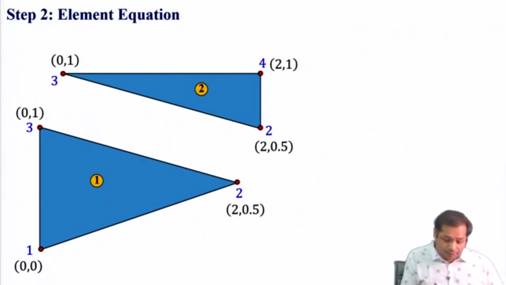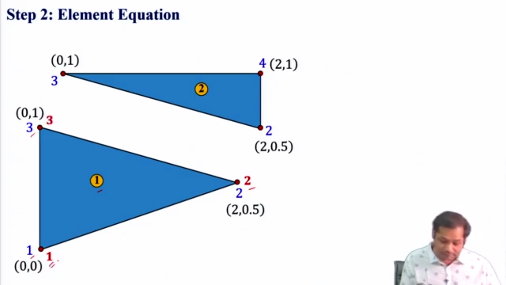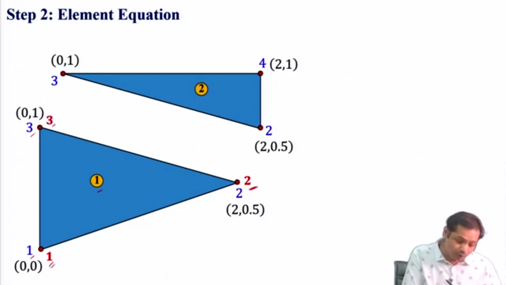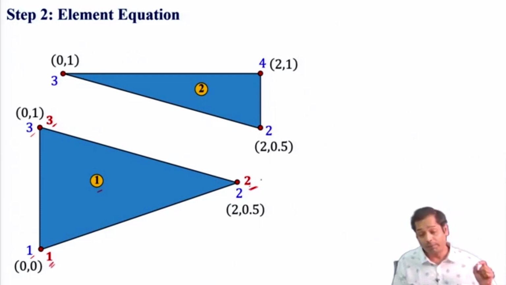If we take element number 1, the global node numbers are 1, 2 and 3, and the local node numbers for element number 1 are 1, 2 and 3. These red color numbers indicate the node number at element level.